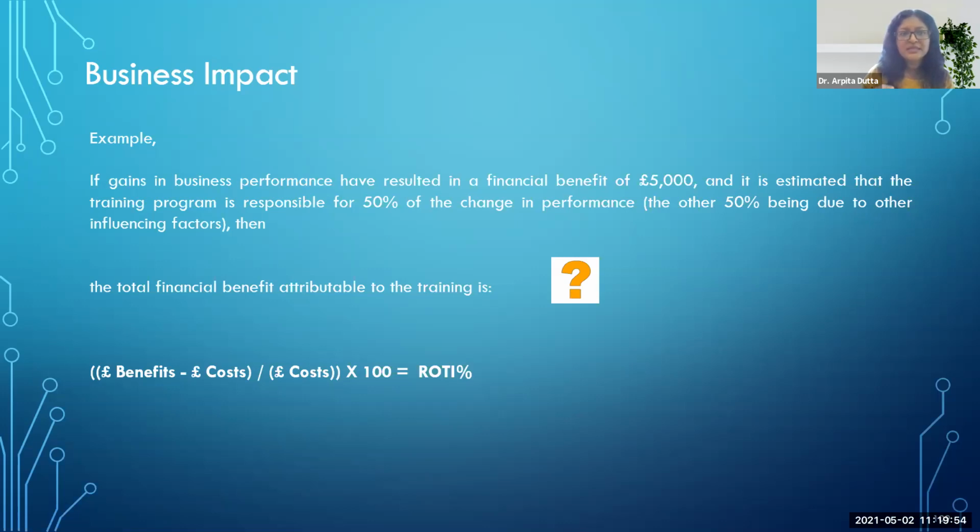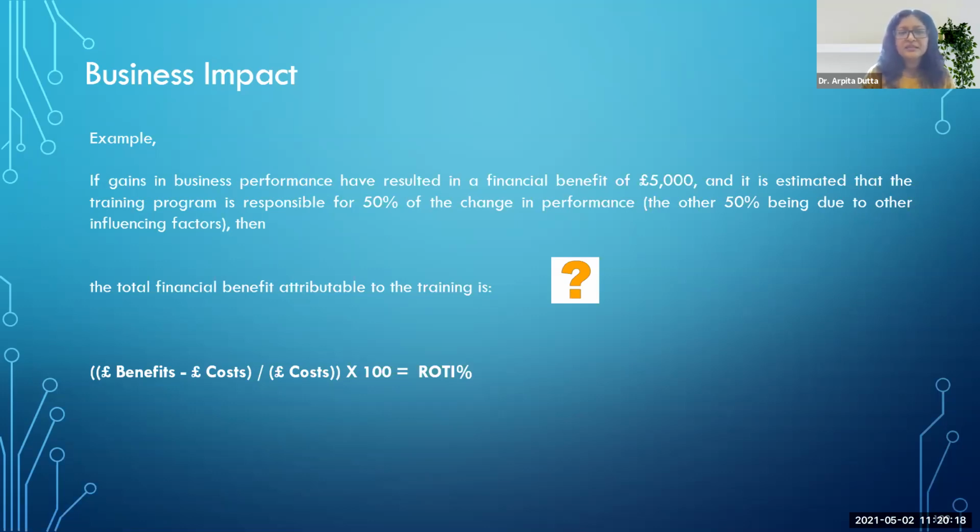So if gains in business performance have resulted in a financial benefit of £5,000, and it is estimated that the training program is responsible for 50% of the change in performance, the other 50% is contributed by other factors that we saw in one of the videos, right?